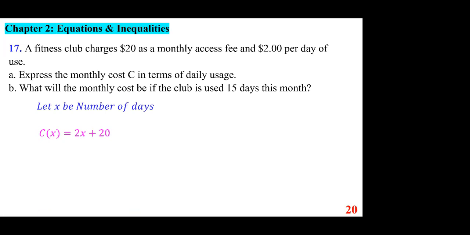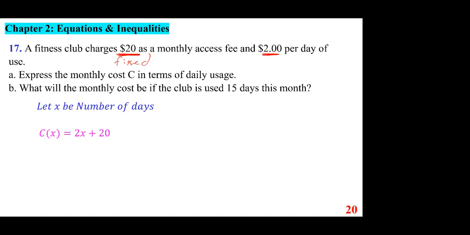We have a fixed cost, and that really becomes your y-intercept in essence. And you have a variable cost. It depends on how many days. If you use 1 day, they charge you $2 extra. 2 days, they charge you $4, and so on and so forth. So this is the cost.